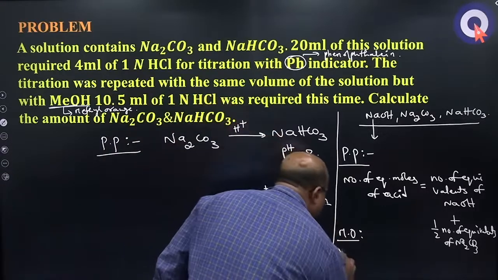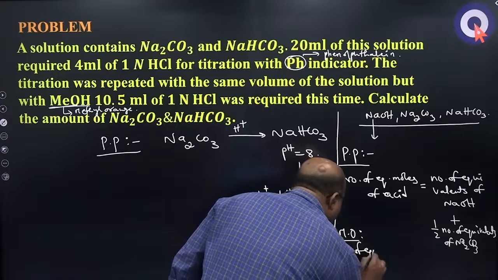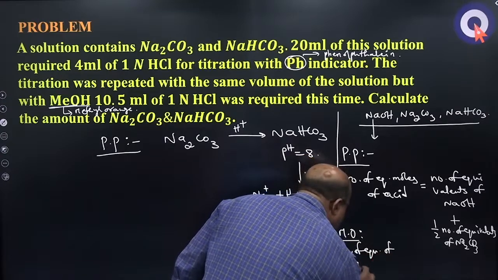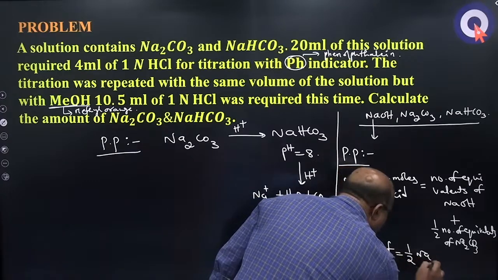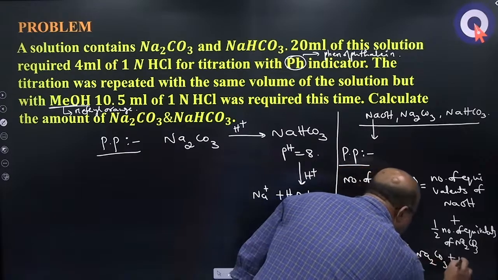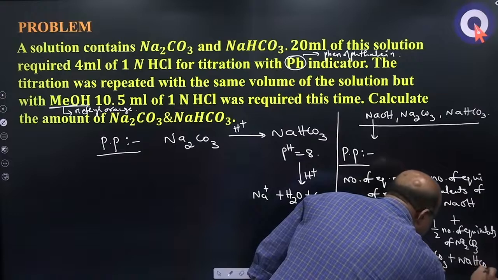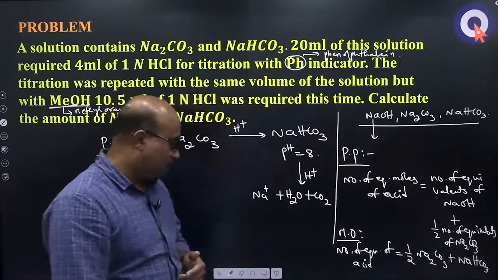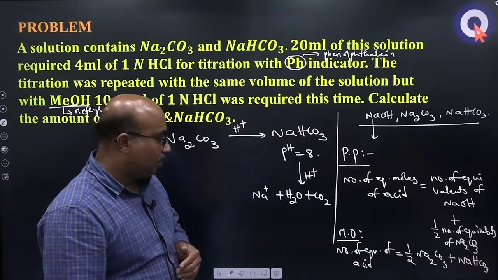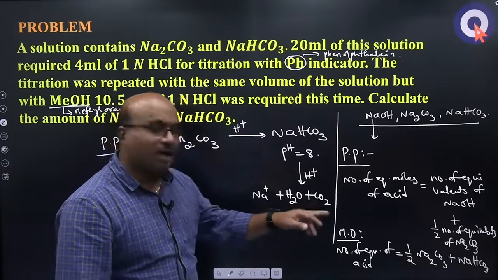So the number of equivalents of acid here should be equal to half of Na2CO3, we write simply like this, plus NaHCO3. I think you get it. So it is sodium carbonate plus sodium bicarbonate.